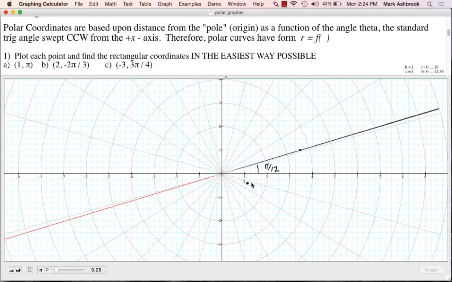This is 1, 2, 3, 4. So r would be something like 3.6. So this would be the point. And r comes first. Although that's a little counterintuitive because really the angle comes first, and then r is determined by the angle, but for whatever reason they put r first in the ordered pairs. So this is the point 3.6 comma pi over 12.